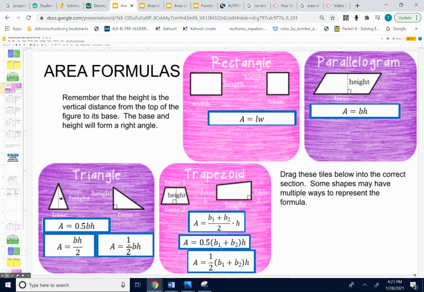Instead of 1/2 times the base times the height, since you have two bases, it's just going to be 1/2 times the sum of the bases times the height. So the only difference is instead of having one base in the triangle formula, you're going to be adding up two bases when you use the trapezoid formula. Okay, but again, I don't care which of the formulas you use, but just make sure you're comfortable with one of them.